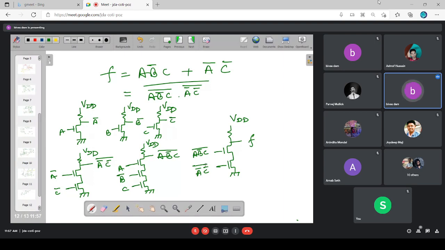So that's the serialization. Is it clear? Yes. Fine. If anybody is having any doubt on this, please tell me.